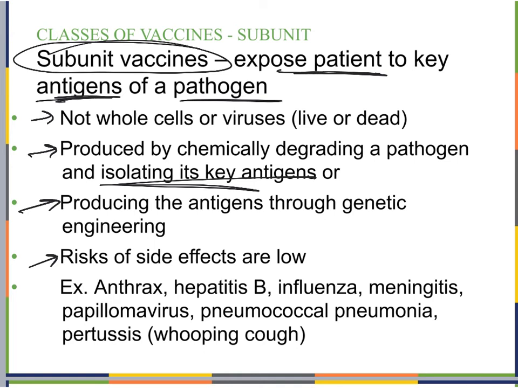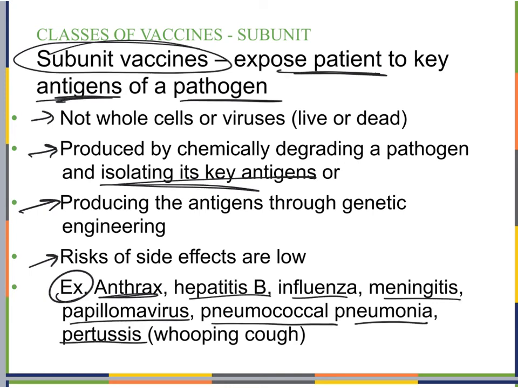We're literally just putting in these proteins, little tiny pieces, little proteins that are going to cause our immune system to fight against what it thinks is a pathogen that has these antigens on it. In this case, we don't have any chance of having an infection because there is nothing to do the infecting. It's just little tiny pieces. Some examples are anthrax, for these subunit vaccines, hepatitis B, influenza, meningitis, papillomavirus, pneumococcal pneumonia, and pertussis, or whooping cough.